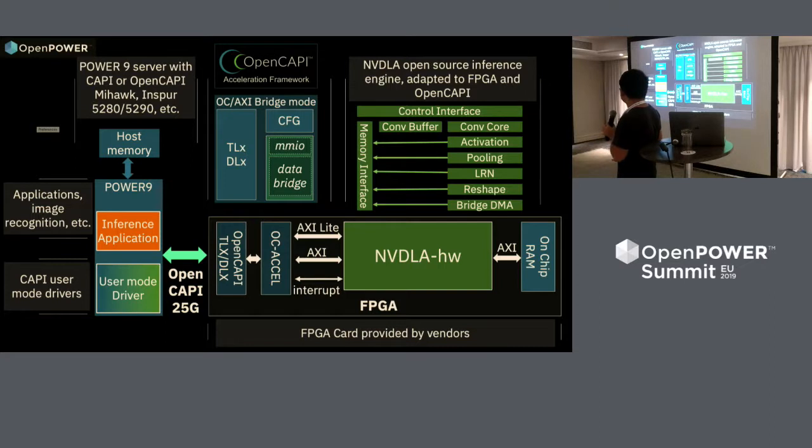Unfortunately, only the 9H7 can fit the NVDLA design, because it's not a small design. So we don't have too many choices, but we're working on that. Hopefully, we will have some vendors from China who can offer an OpenCAPI based FPGA card in the future, maybe next year.